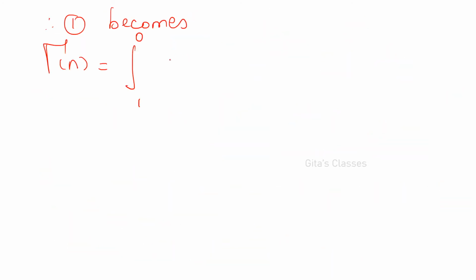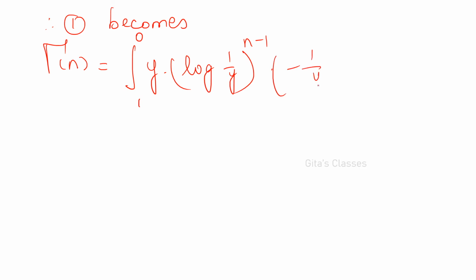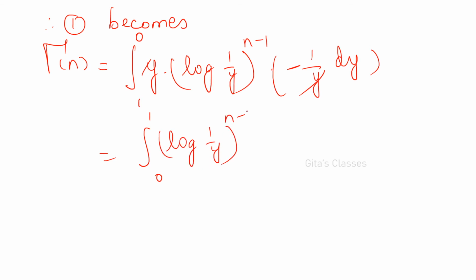So y into log of 1 by y the whole power n minus 1 into what is dx, minus 1 by y into dy, right? This y and y will get cancelled. Using this minus, I can write this integral as integral 0 to 1 log of 1 by y the whole power n minus 1 dy. What is this? Gamma of n. This is what you wanted to prove, right?